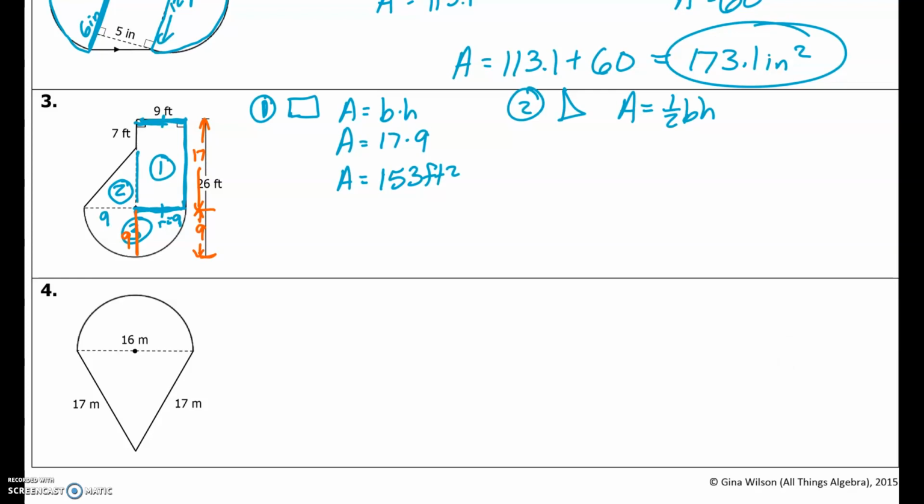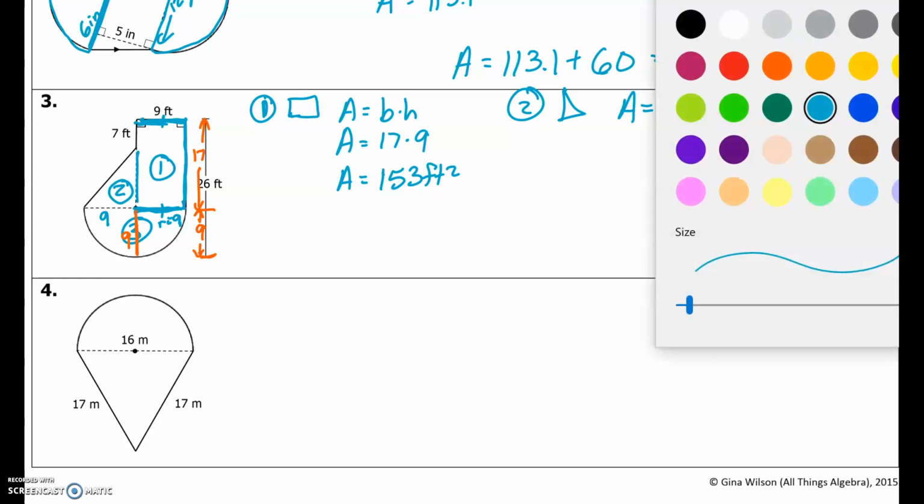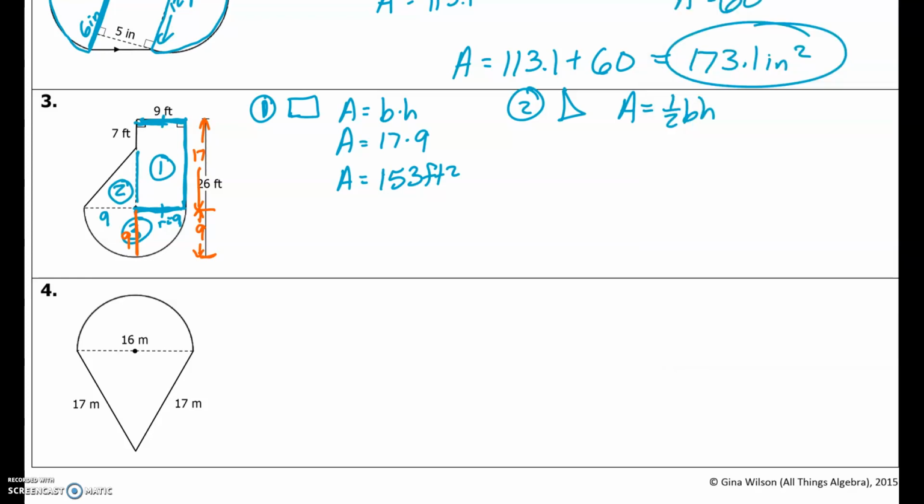So we need the height. Let me change colors. Let's go to pink. We're going to take a look at this triangle right here. They don't give us a lot of information, except for the fact that I already found that side length is 9. I do know that this length right here is 17, and if this is 7, what's 17 minus 7? That's going to give us 10.